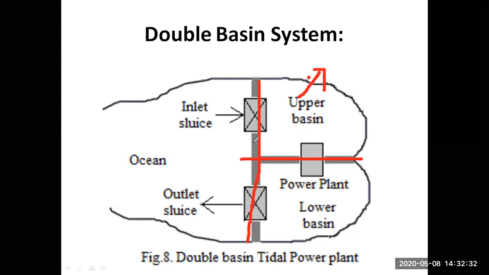That's why it's quite costly to set up. But as far as efficiency is concerned, it is efficient as compared to the single basin system. So this is how it works.